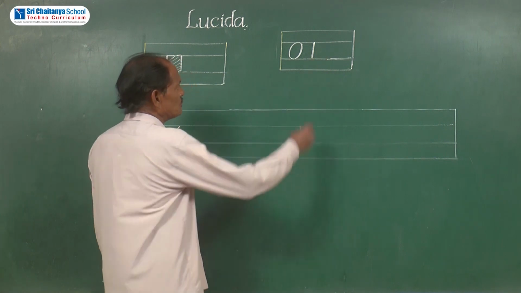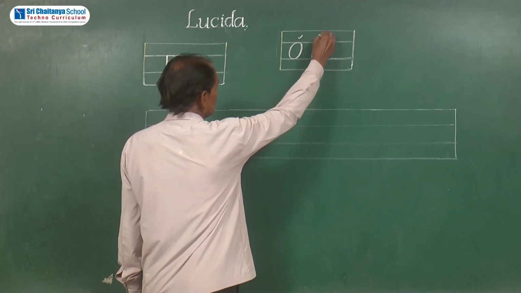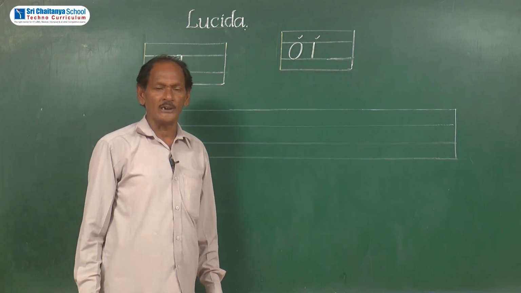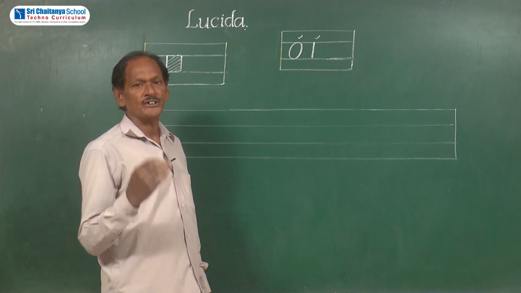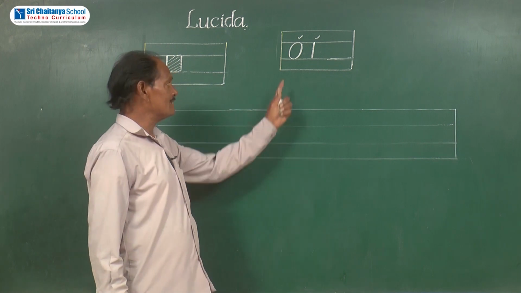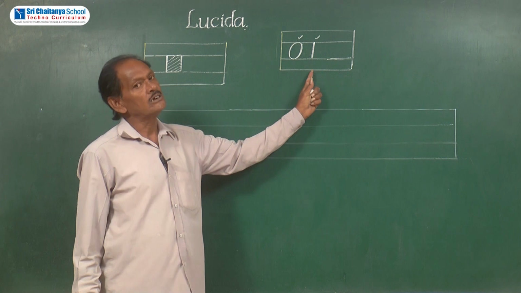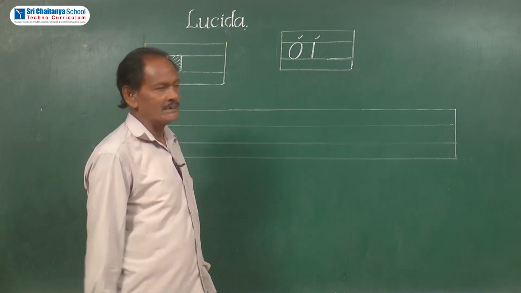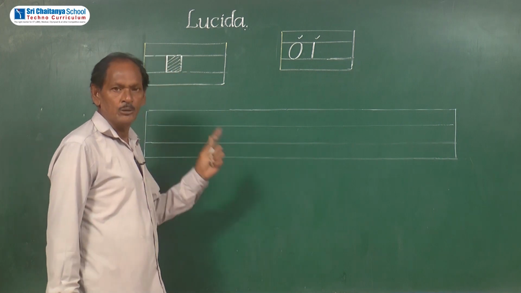With the help of these 2 strokes, 14 middle zone letters, not 1 or 2, but 14, can be written. Okay? Now I am going to write the middle zone letters on the board.